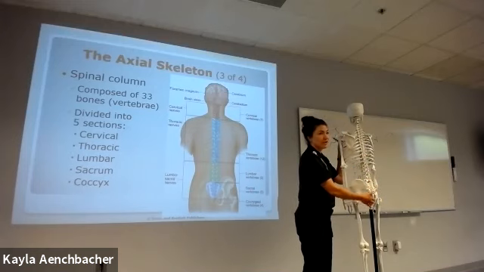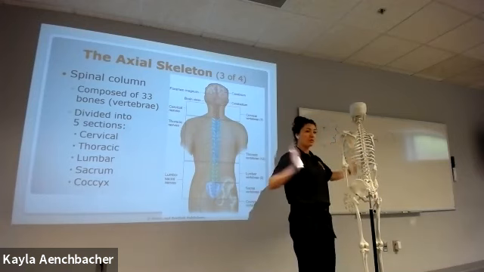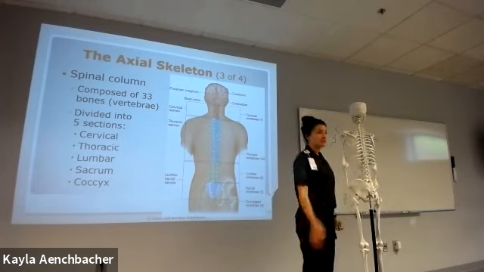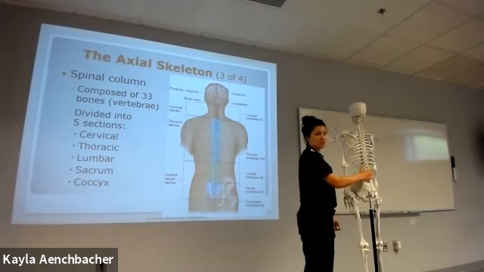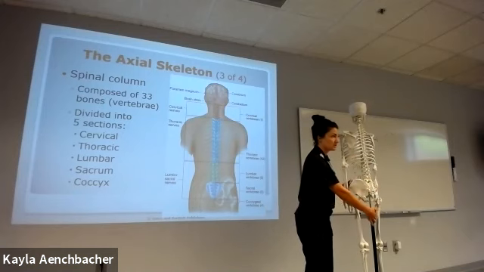That's why if you have a higher up spinal cord injury, we typically see all 4 extremities are paralyzed. The lower down the spinal cord you go, you can see that they might have function of their upper extremities, but their lower extremities are paralyzed.